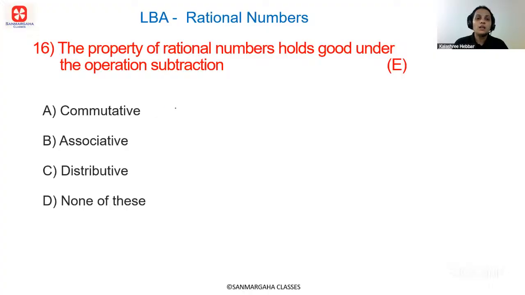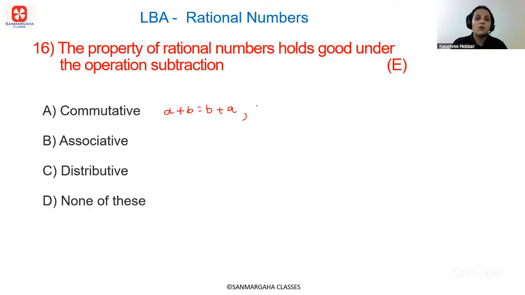The property of rational numbers holds good under the operation subtraction. For example, we have to check the commutative property. The commutative property says a plus b is equal to b plus a.